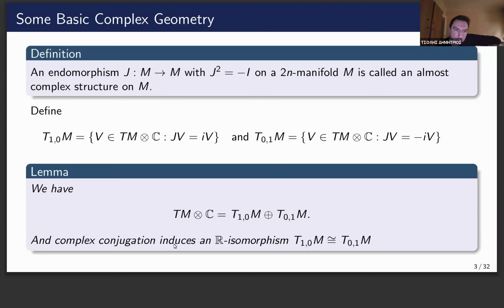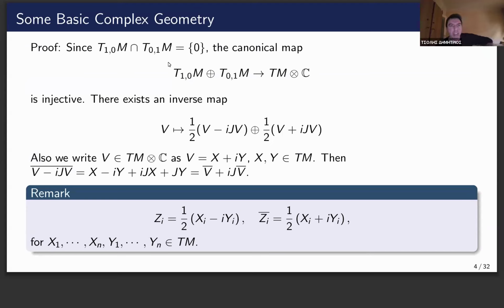And we also have that the complex conjugation, as we know it from complex analysis, induces an isomorphism of those tangent bundles. Here's a proof of this. We know that the intersection of the holomorphic and anti-holomorphic tangent bundles is just the zero vector. We can see this easily from the very definition of those bundles. We define this canonical map, which we can prove is injective. To see this, we compute the kernel of this map, and we see that it's just the zero vector.